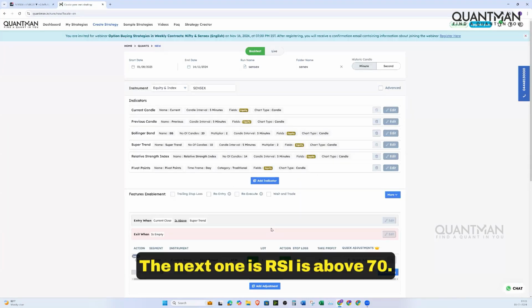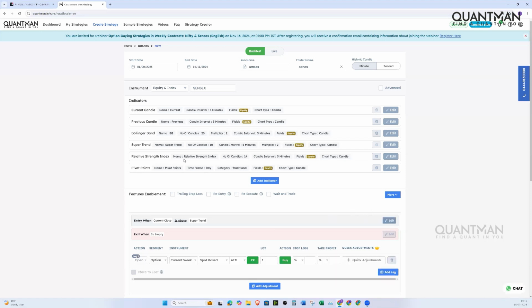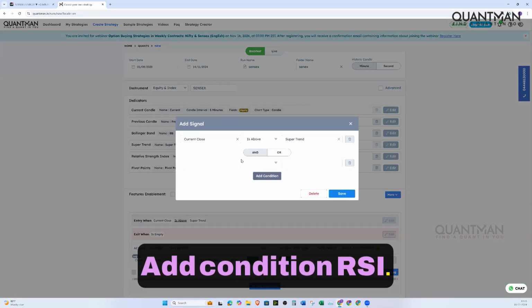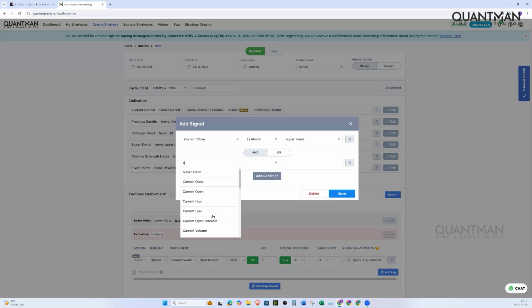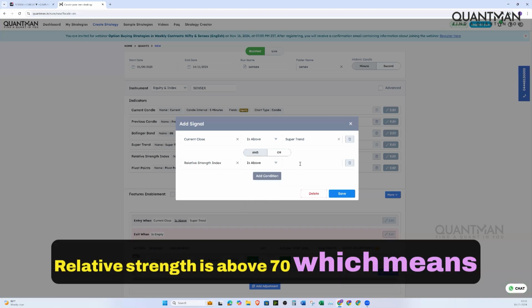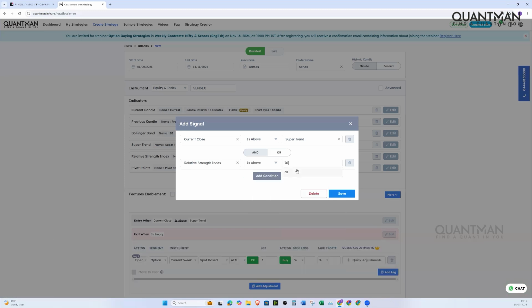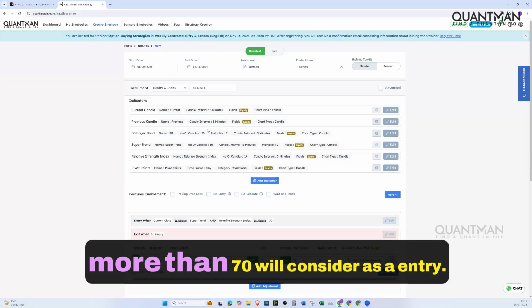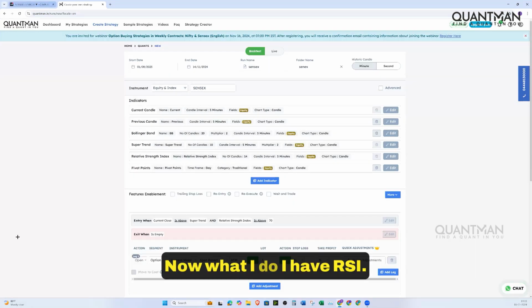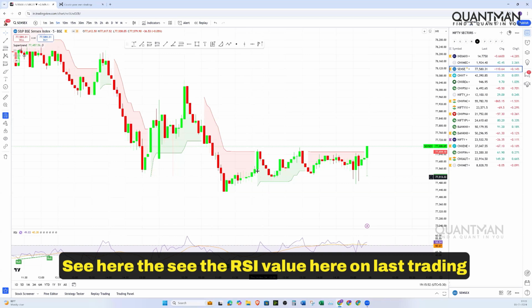The next one is RSI is above 70. Add condition RSI. Relative strength above 70 means more than 70 will be considered as an entry.